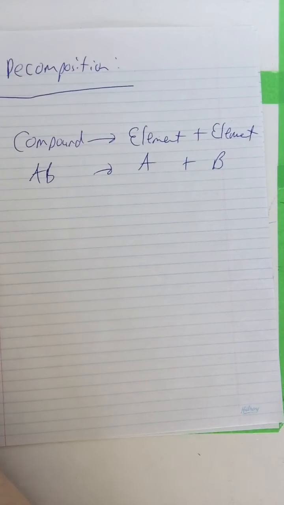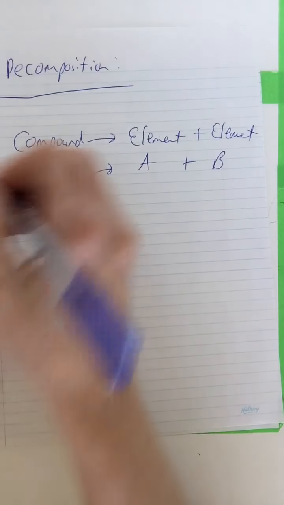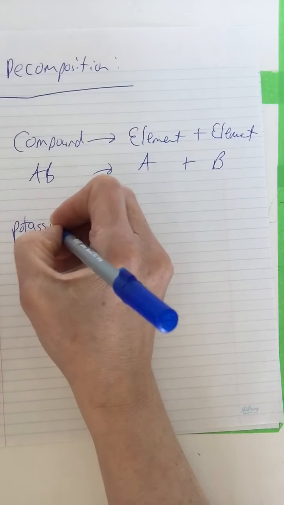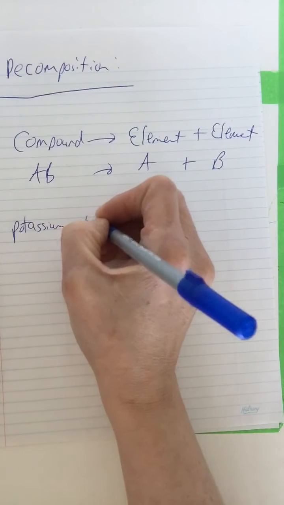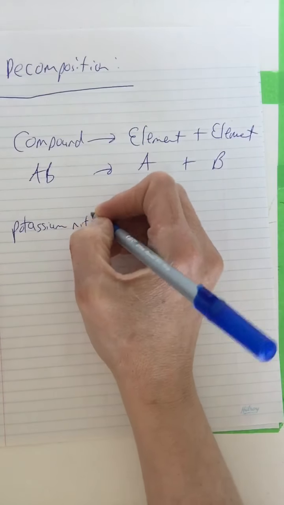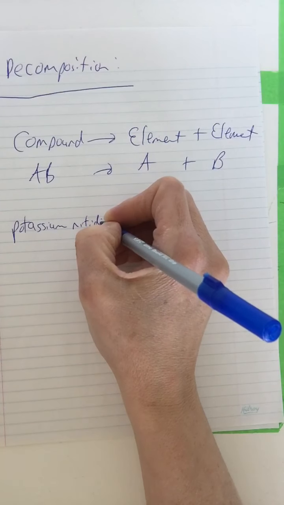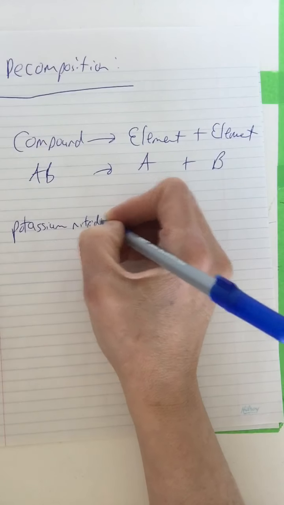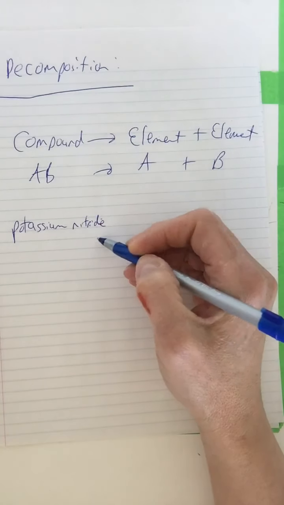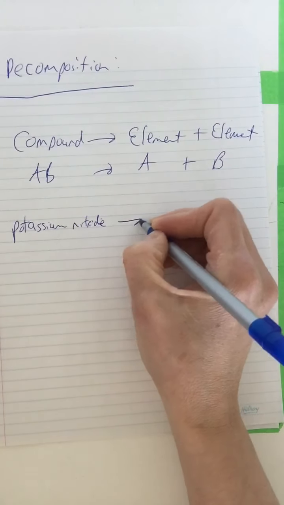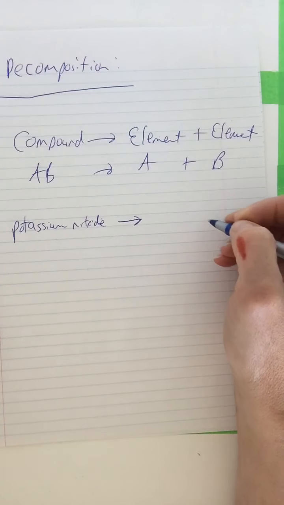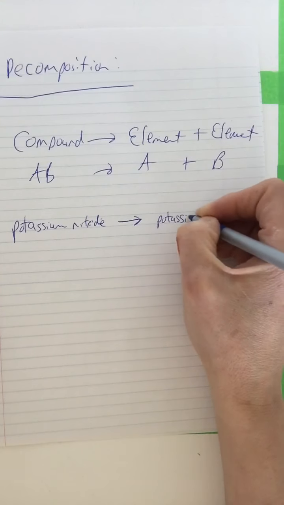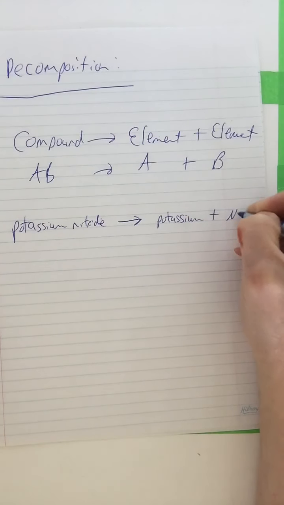Okay? So let's look at this example. Super easy one. I've got potassium nitride, N-I-T-R-I-D-E. There I go. Potassium nitride. What does that break into? Well, it breaks into potassium and nitrogen.